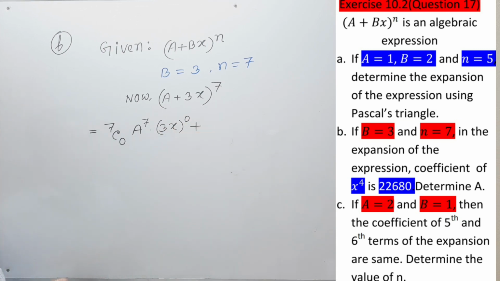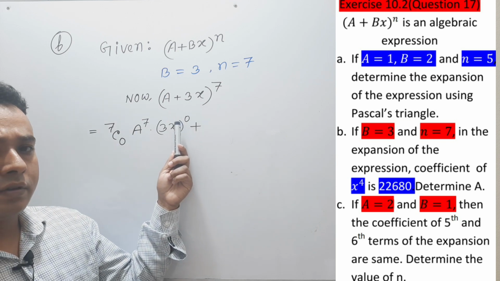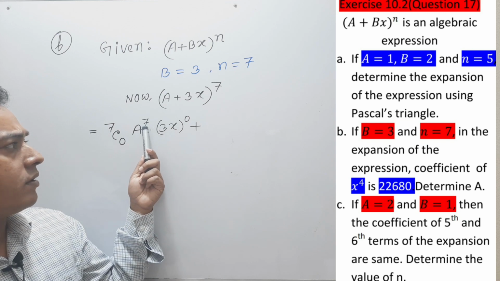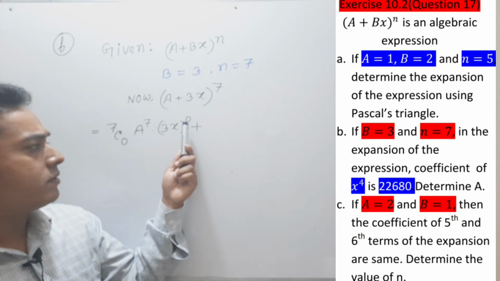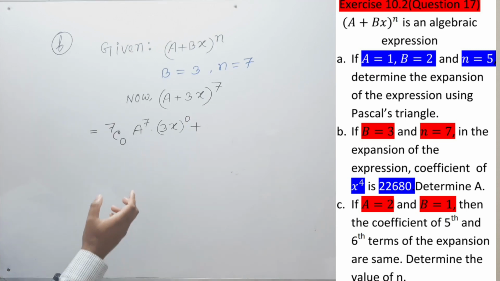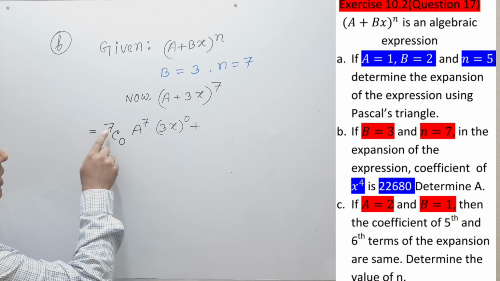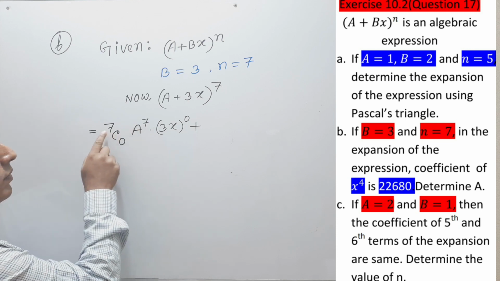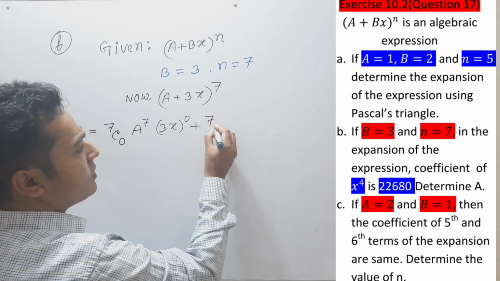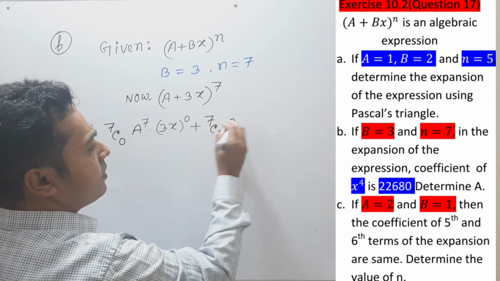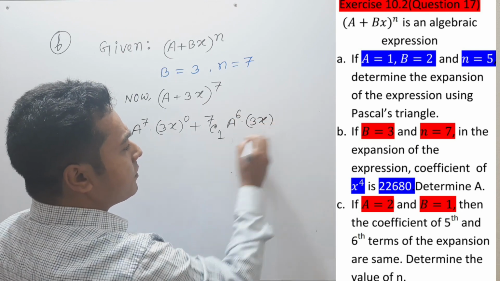Here the power of the first term maintains descending order and the second term maintains ascending order, starting from 0. Then 7C1: the power of the first term is the difference of 7 and 1, which is 6, and the power of the second term is 1.